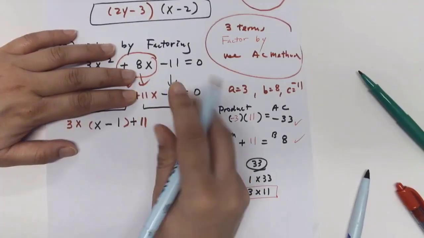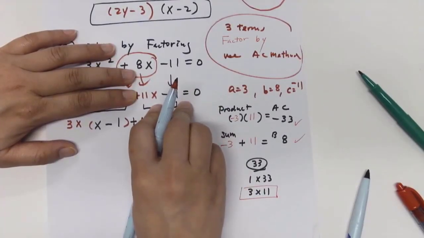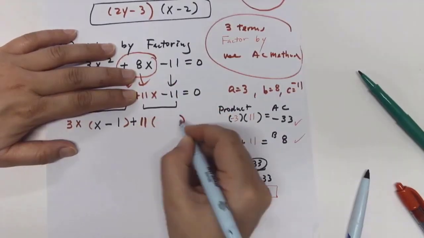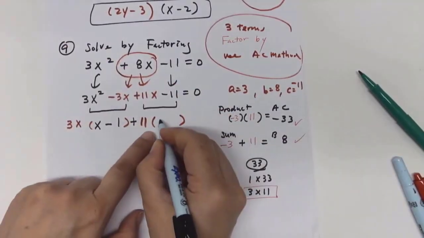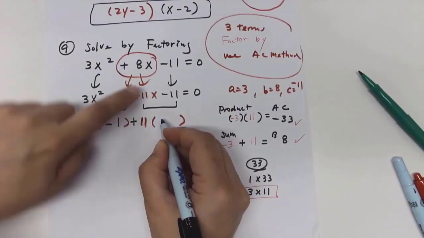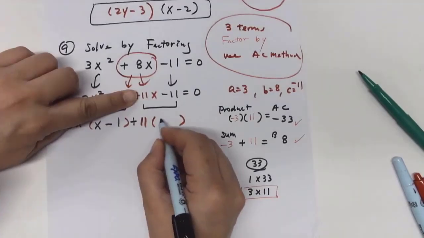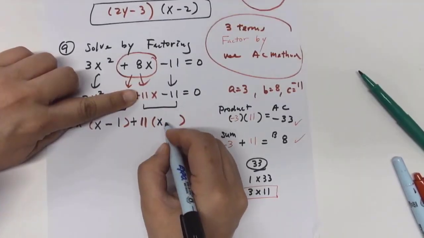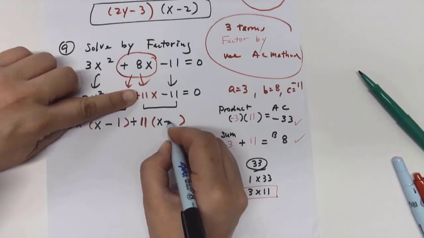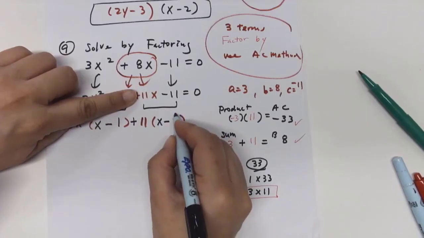Okay, do they both have x? No. Can I bring the x out? No. Okay. So inside we're going to have 1. Okay, this is 11x. You bring out the 11. You have x. Bring down the negative sign. 11. Pull out 11. We have 1 to hold the place.